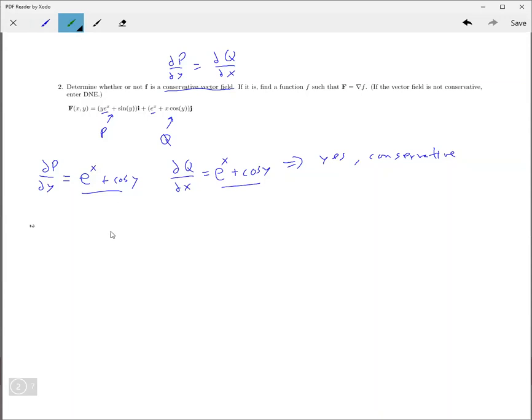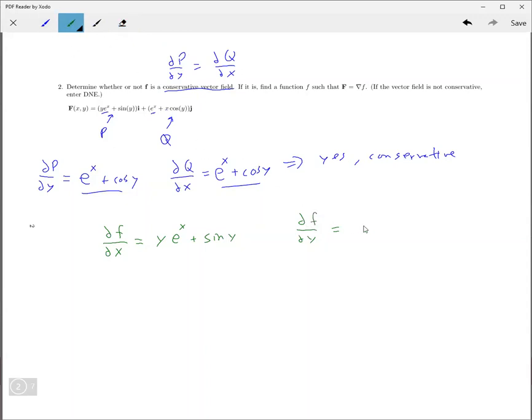Okay, so here's what happens if that's the case. Pay attention really carefully here. The first one is the partial derivative with respect to x of some function f. And the second one, the partial of q is this, not q.